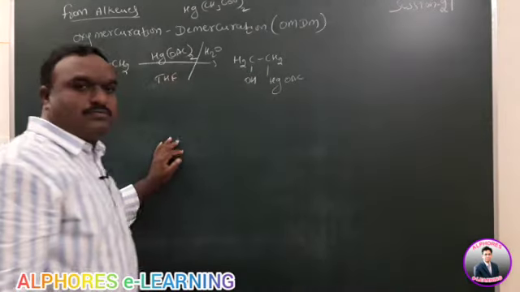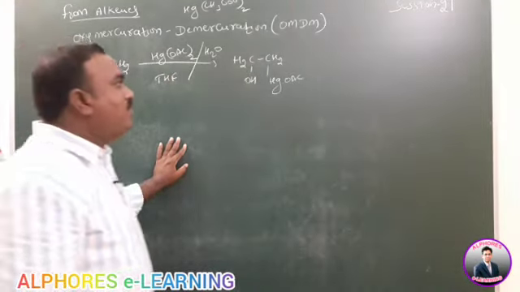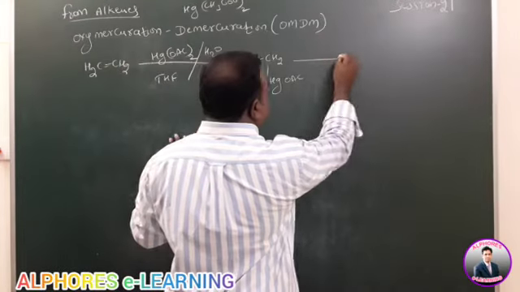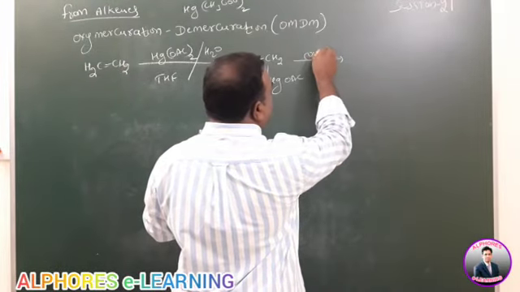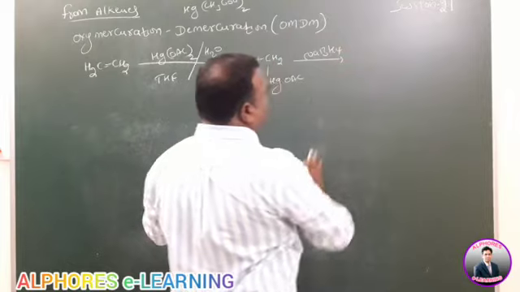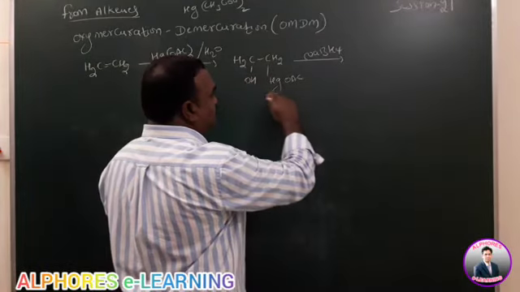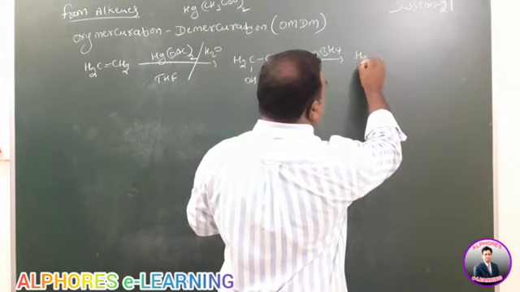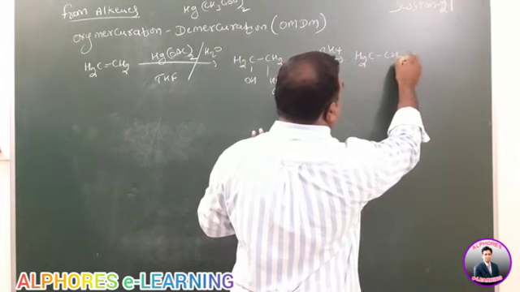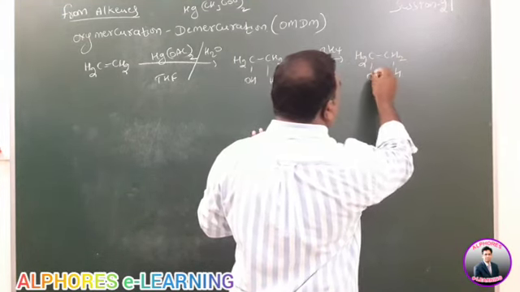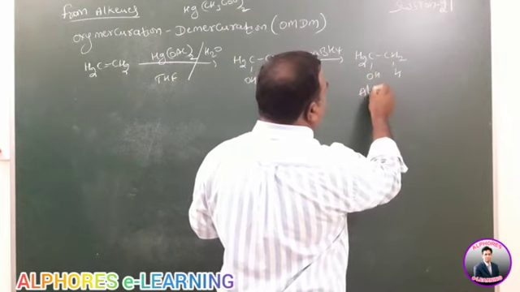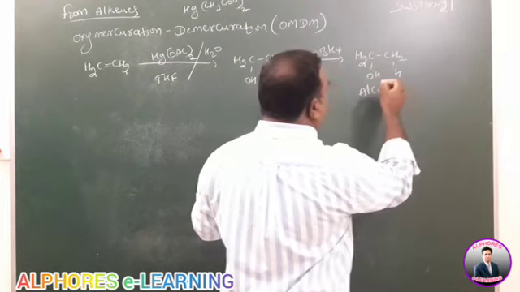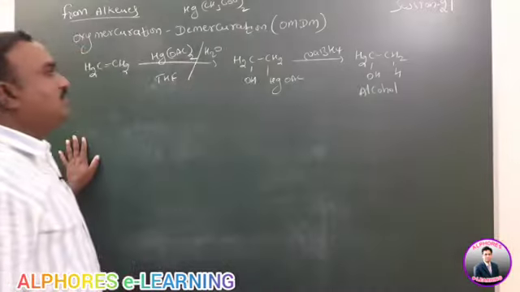The formed adduct undergoes reduction in the presence of sodium borohydride. That means HgOAc is replaced by H. Here OH, ethyl alcohol, is formed.